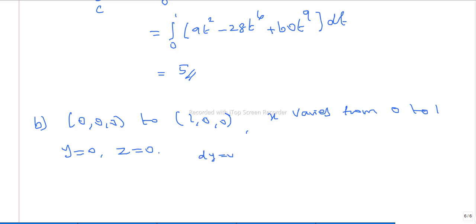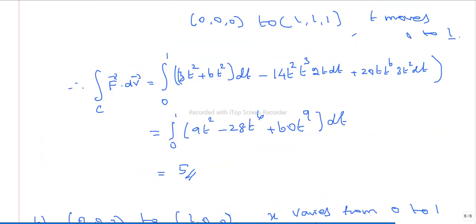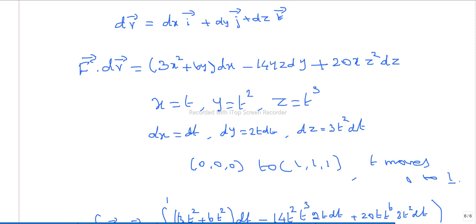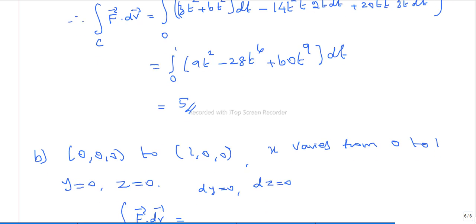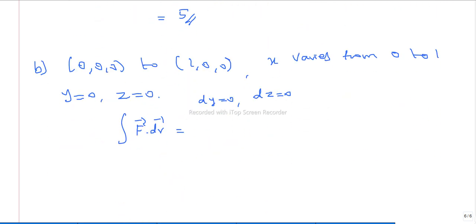Therefore the integral of F dot dr is only with dx. Here only the 3x square dx term remains. So the integral of 3x square dx, with x from 0 to 1, is x cube. Substituting the upper limit, we get 1.